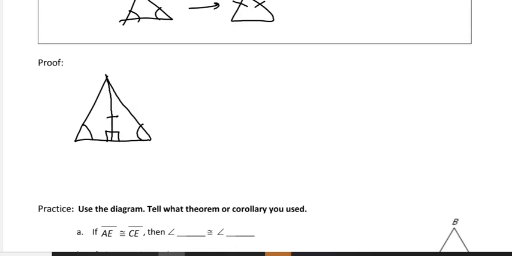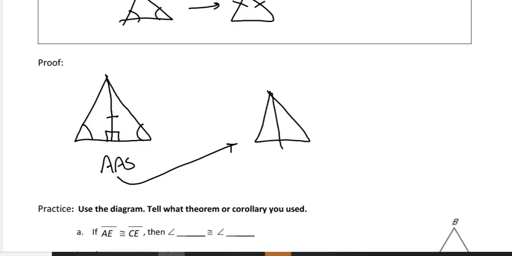So those two triangles are congruent by AAS. If the triangles are congruent by AAS, then by CPCTC, we can say that these are congruent by CPCTC. Triangles are congruent, then these are congruent.